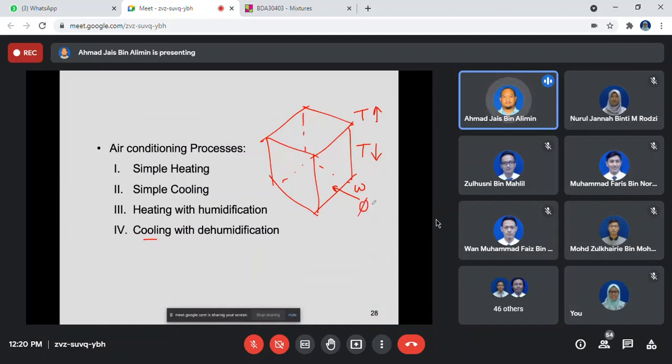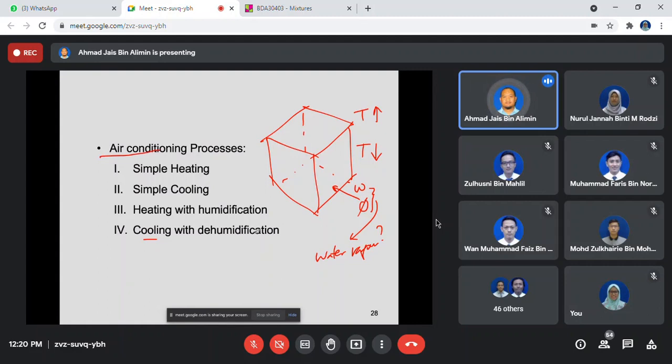Those elements represent how much water you want to put in. That's why you have devices to supply the water and devices that can assist the volume to remove the water vapor from this particular volume. So that is the basic operation of air conditioning units.